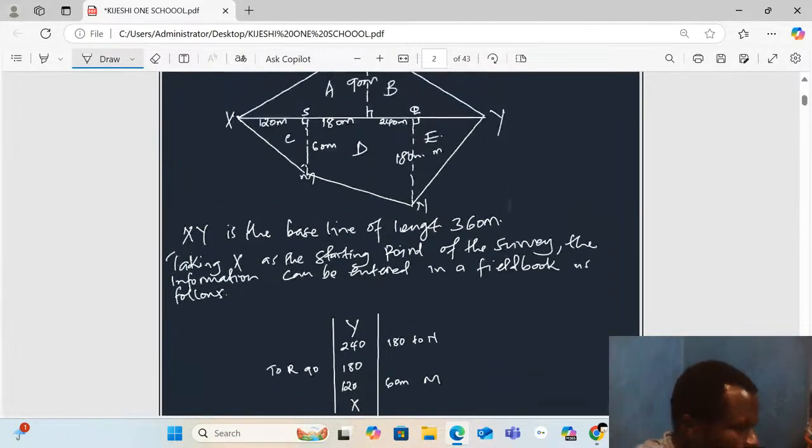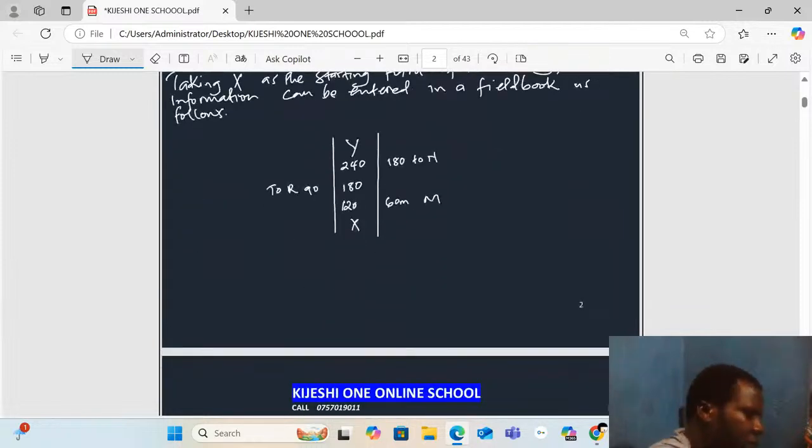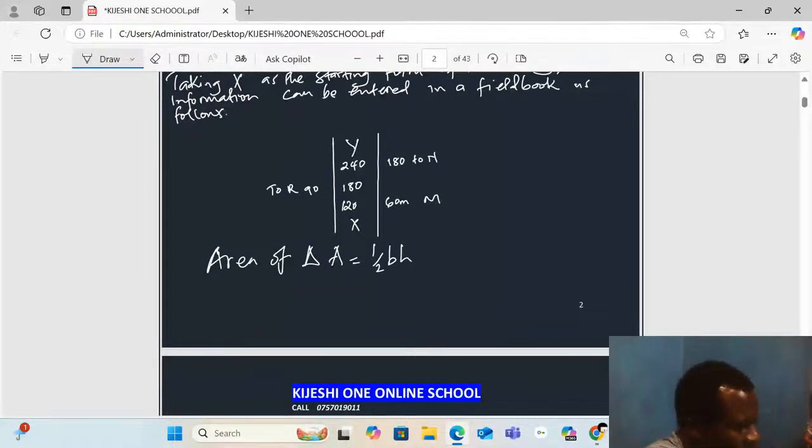Let us start with the area of triangle A, which is given by a half base times height.